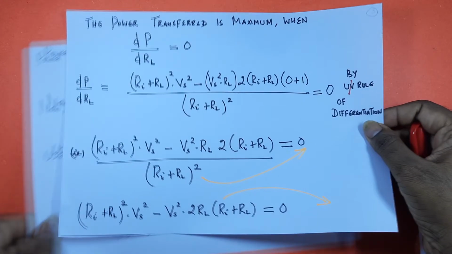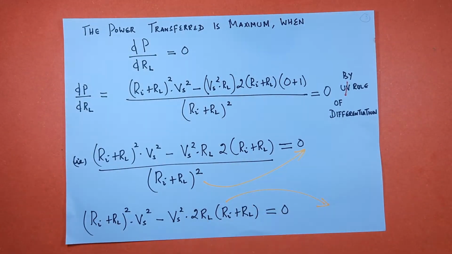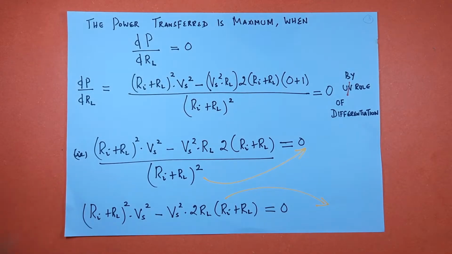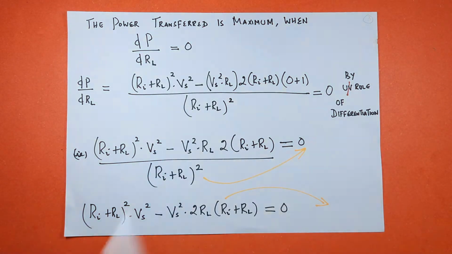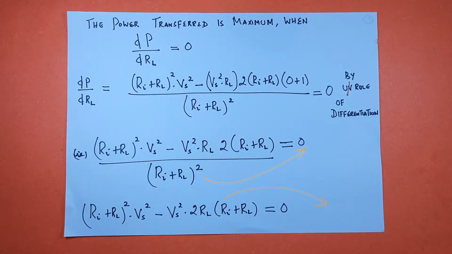Now, the power transferred from source to the load is maximum when dP by dRL, that is the change of power with respect to the load resistance, dP by dRL equal to 0. So we will find out dP by dRL.